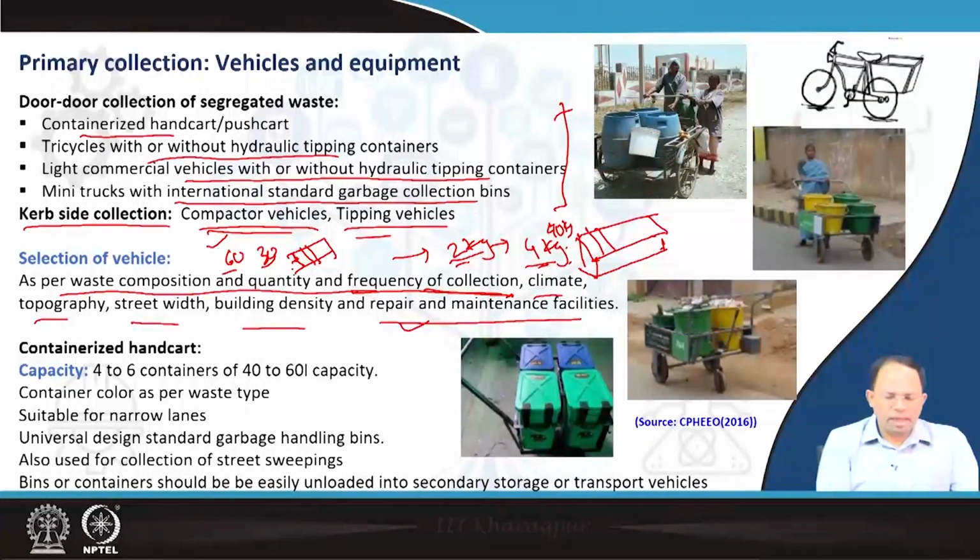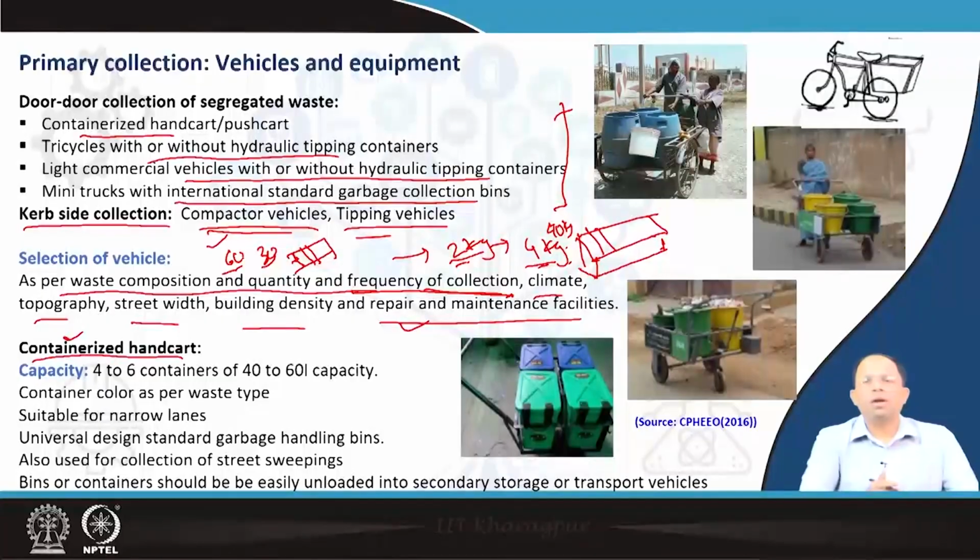So usually we see that for containerized handcarts, we go for containerizing it, or we put multiple containers. Now, if the waste is 50-50, that is biodegradable waste and non-biodegradable waste is 50-50, then we can put 2 containers of biodegradable waste and 2 containers of non-biodegradable waste.